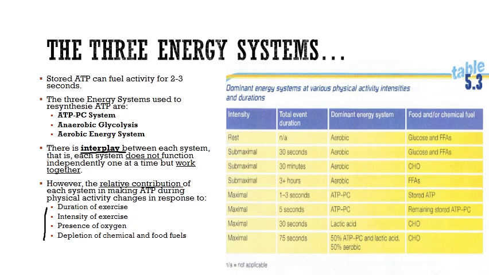And also depletion of chemical and food fuels. For example, if all of your phosphocreatine supplies are depleted, then your anaerobic glycolysis or aerobic energy systems would need to be used. So those four things are the things that determine which energy system is the predominant energy system contributing to ATP production during the interplay between the three energy systems.